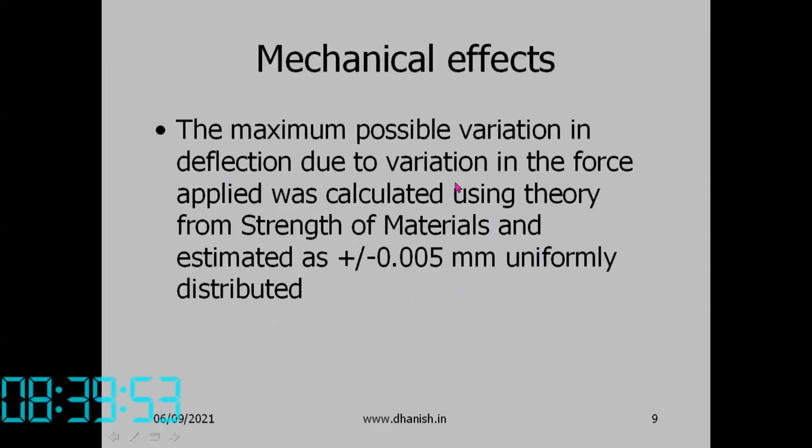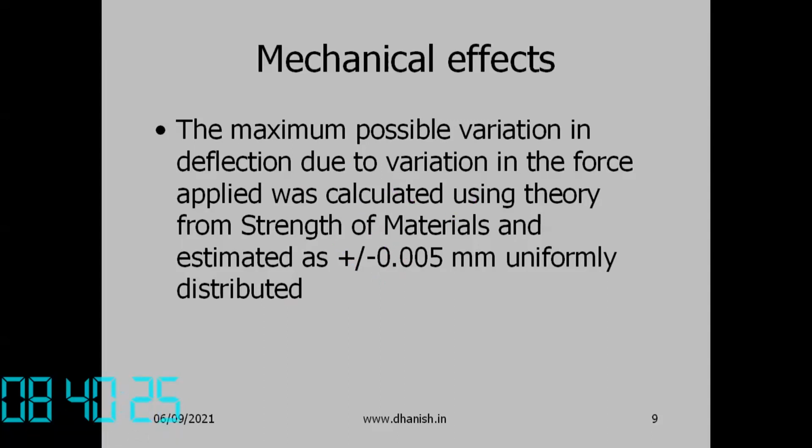Then mechanical effects. So the maximum possible variation in deflection due to variation in the force applied was calculated using theory from strength of materials and estimated as plus or minus 0.005 mm uniformly distributed. So you calculate using strength of materials. You know the force you are applying, and how much is the variability in force.